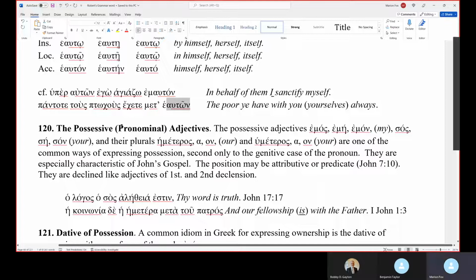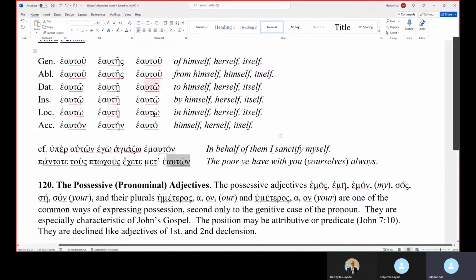You all have with yourselves, you all have the poor. I translate it as we, but it's you. Okay? With yourselves.